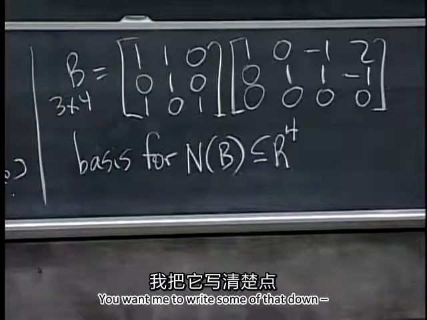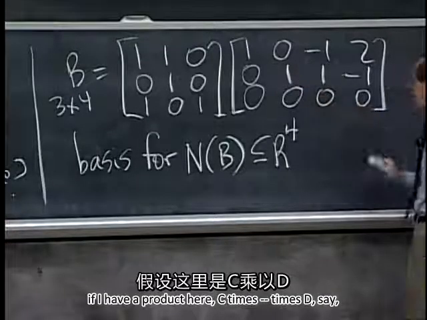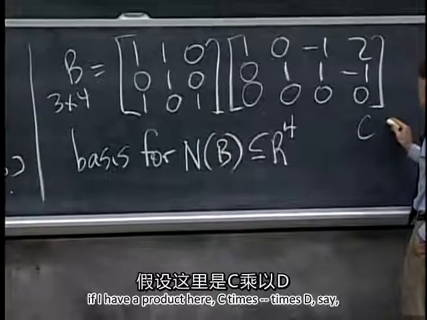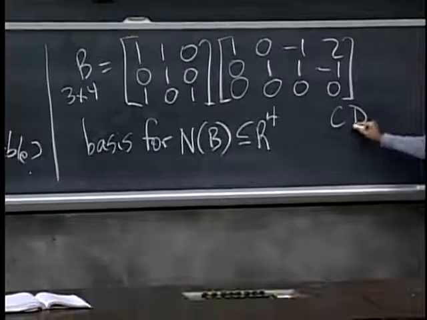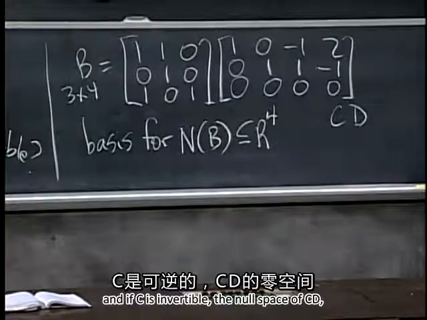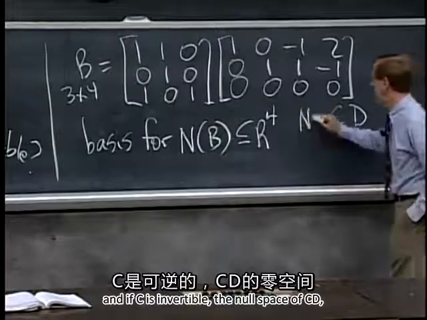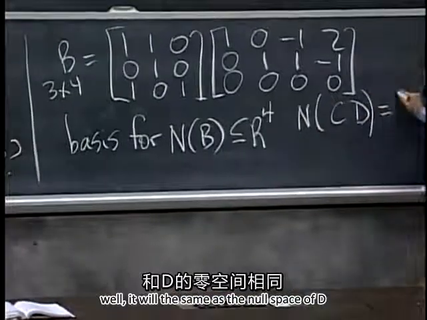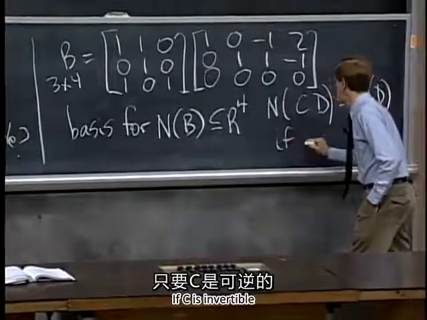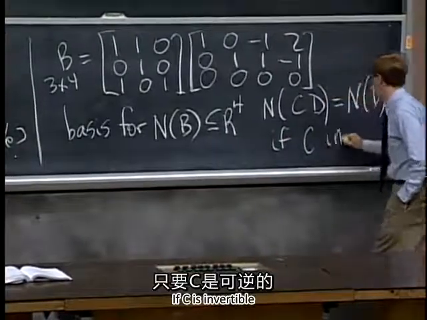You want me to write some of that down? If I have a product here, C times D, say, and if C is invertible, the null space of CD will be the same as the null space of D if C is invertible.